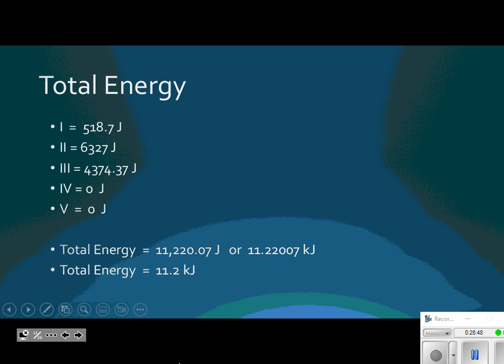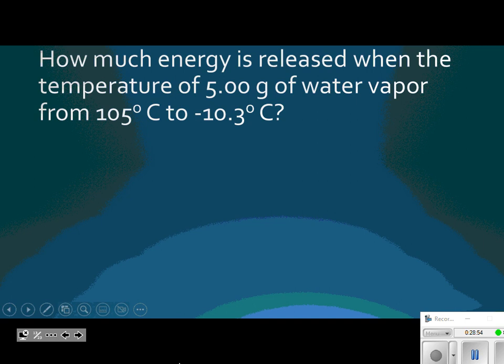Now, what I want you to do next is copy this down, because this is the next example that we are going to work. It's a little bit different, so I'll give you a little time to copy this down.